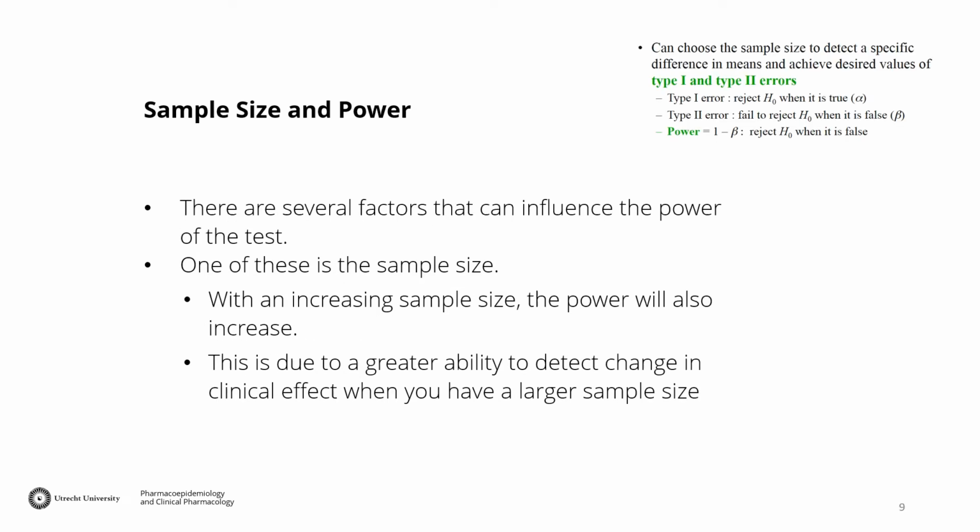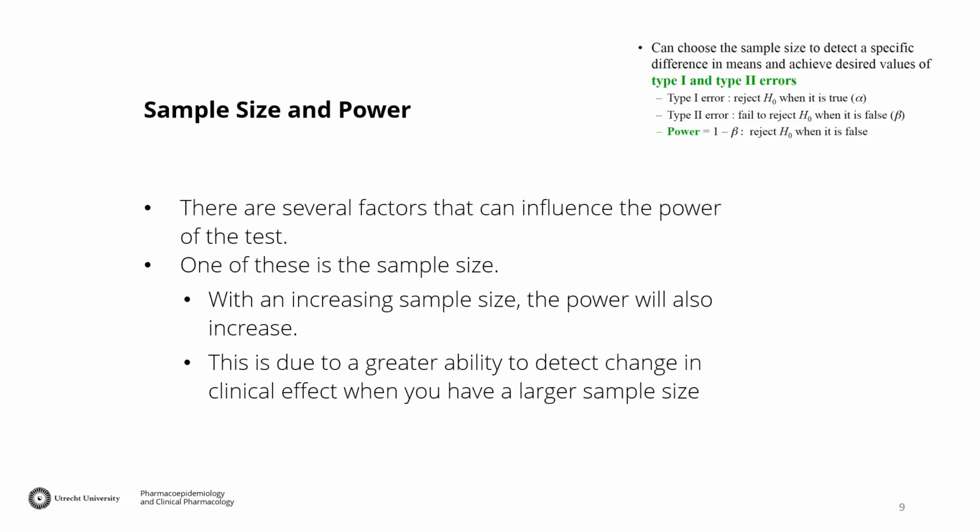So there are several factors that can influence the power of the test. As I said, the power is when we detect the true positives, and that's one of the very important things that we want to do with our studies. But we have some factors that influence that, and one of those factors is the sample size, so the number of patients that we are testing on or conducting our trial on.